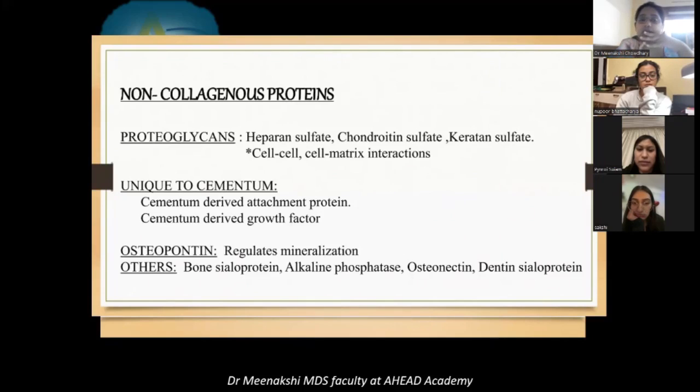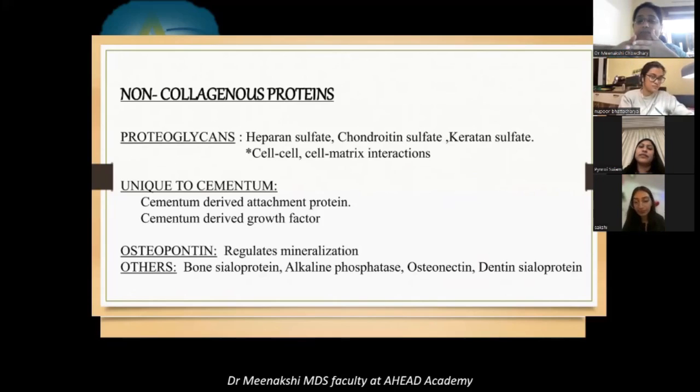The proteins unique to cementum are cementum-derived attachment proteins and cementum-derived growth factors, most commonly used as the short forms CDAP and CDGF.